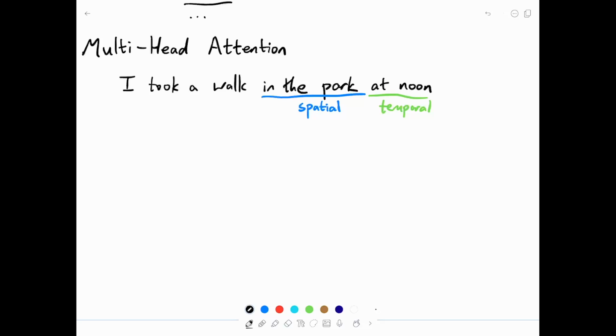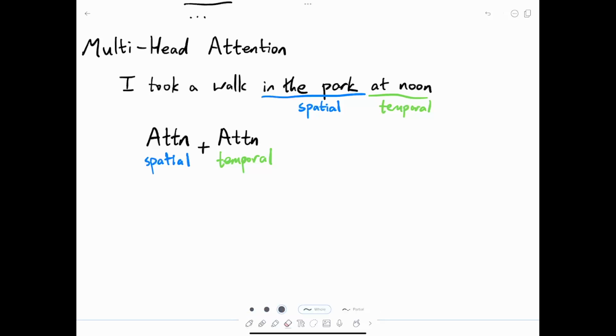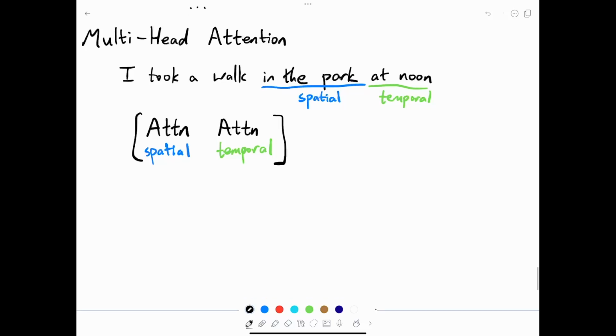And the idea is that we want our model to be able to attend to different aspects of language. And so we'll train an attention layer for the spatial aspect of things, and we'll also train another attention layer for the temporal aspect of things. And then we'll concatenate them, right? So not like plus as an addition, but if this is a matrix, then we'll put the values side by side with the other matrix. And each of these is what we call a head.